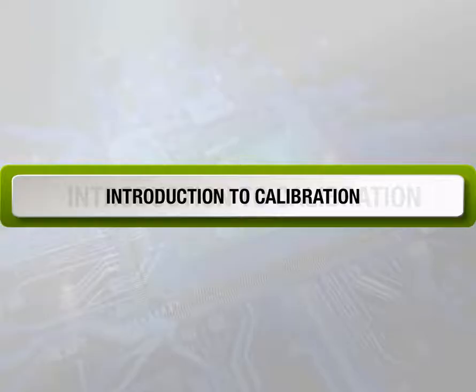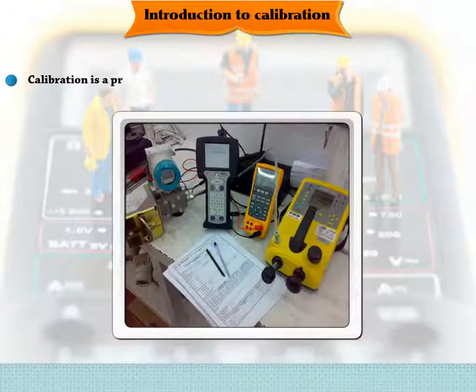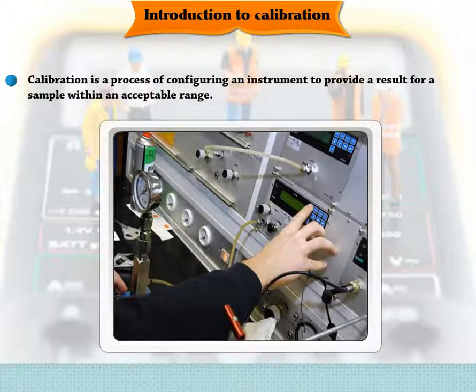Introduction to calibration. In this video, we are going to see about introduction to calibration. Calibration is a process of configuring an instrument to provide a result for a sample within an acceptable range.